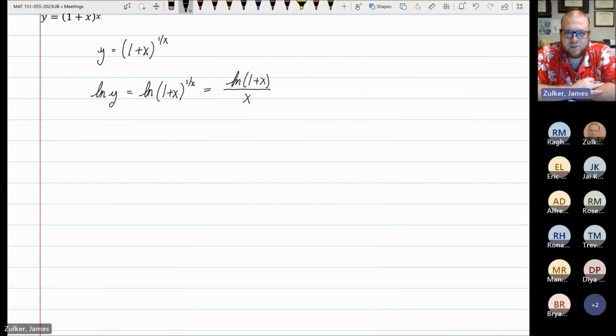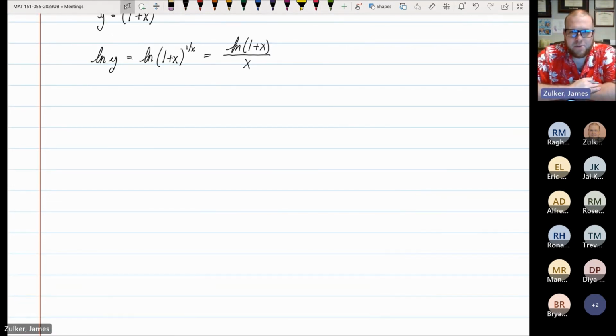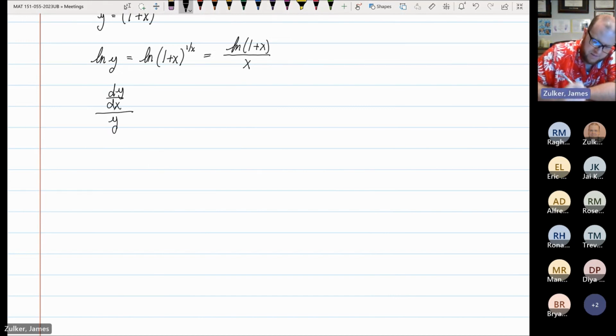Now we take the derivative, d dx, of both sides. All right, so remember, when you take the derivative of a log, it's the derivative of what's inside the log divided by what's inside the log. Looking at the right-hand side here, we have a quotient rule.